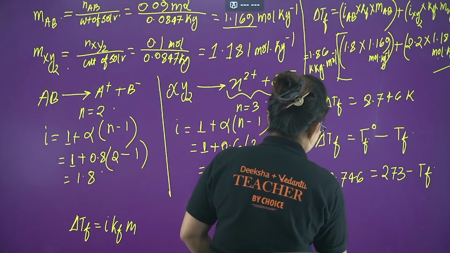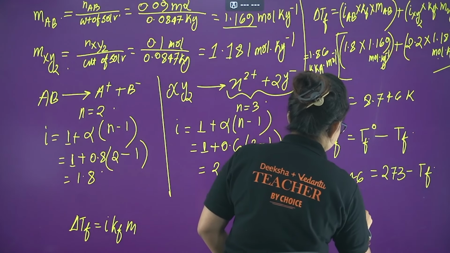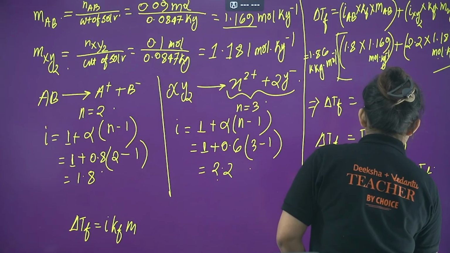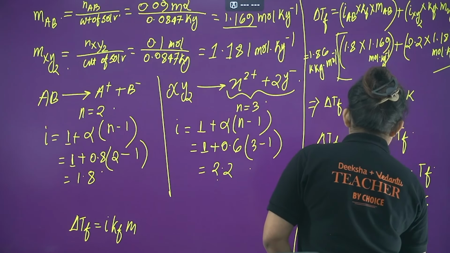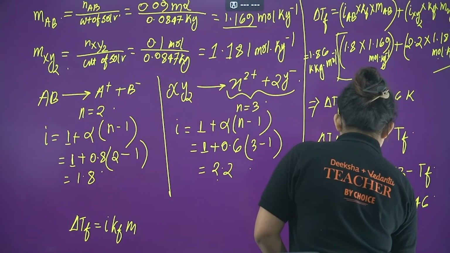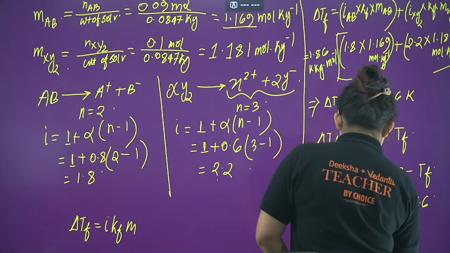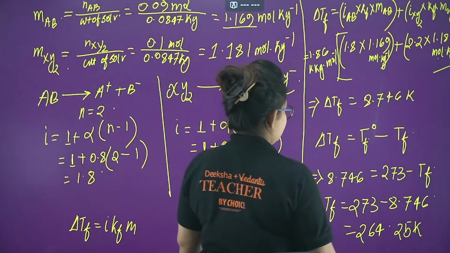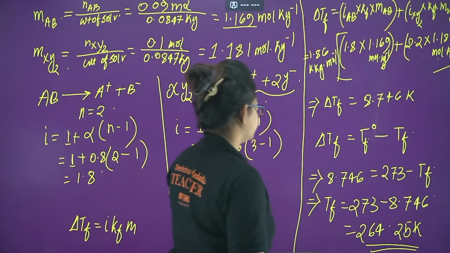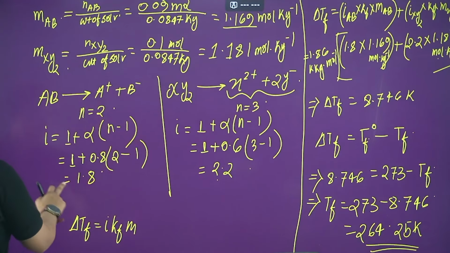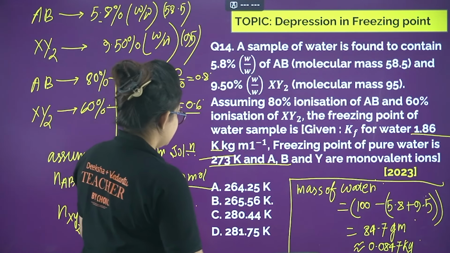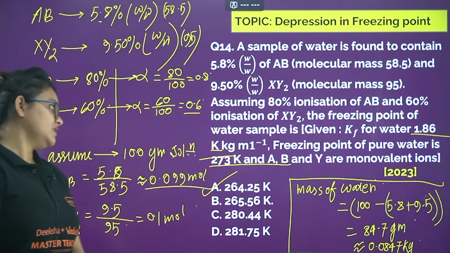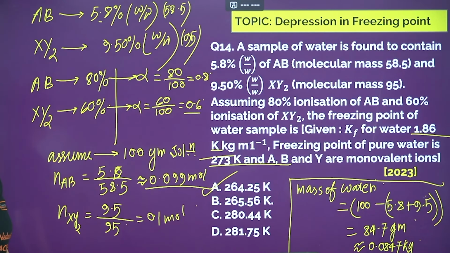So from here your TF is coming 273 minus 8.746 and your answer is going to be 264.25 Kelvin. This is the answer. Let's see. Yes, option A.